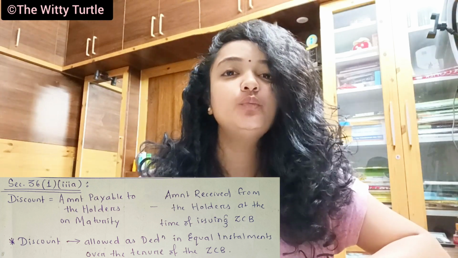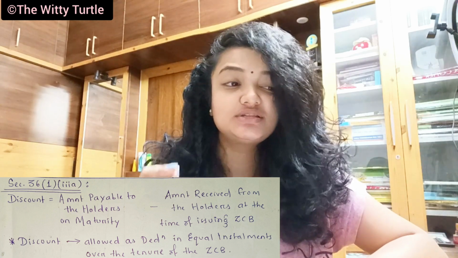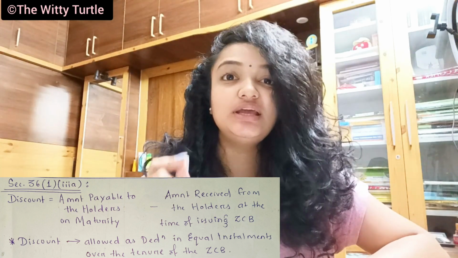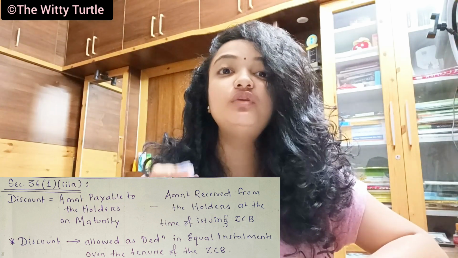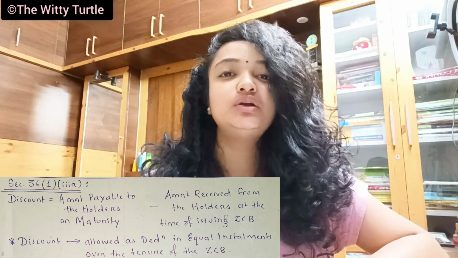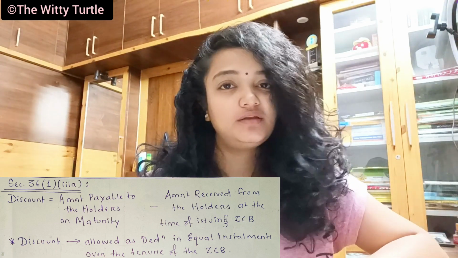Understood? So according to this section, this discount on zero coupon bonds is allowed as deduction in equal installments over the entire life period or over the entire tenure of that zero coupon bond, right?